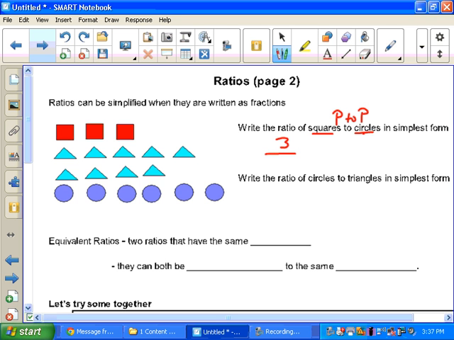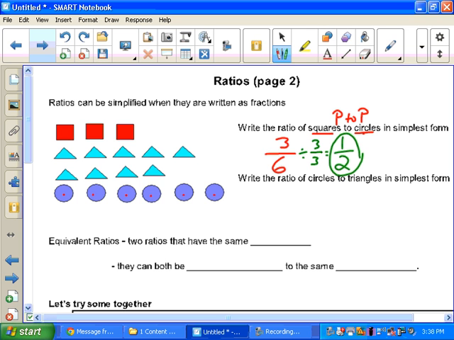To circles, we have 1, 2, 3, 4, 5, 6. When I write that as a fraction, I can then look at it and say, well, they're both divisible by 3. 3 divided by 3 is 1. 6 divided by 3 is 2. So my ratio in simplest form is 1/2.